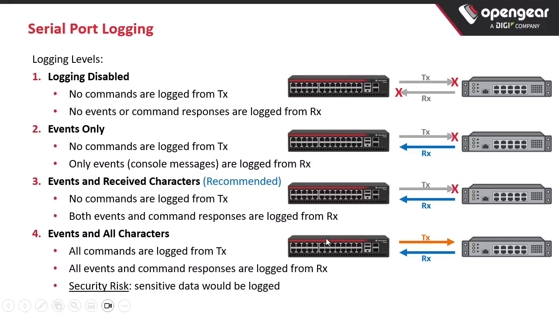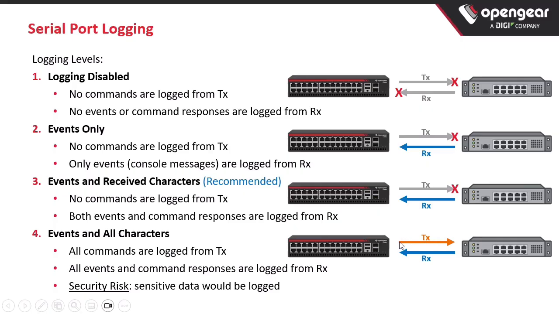If you have an issue with the events and received characters level of logging, then you can go one more level of detail lower, which is for all characters and all events. This will now log the TX stream.